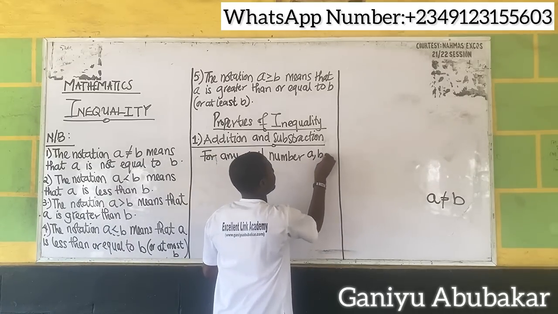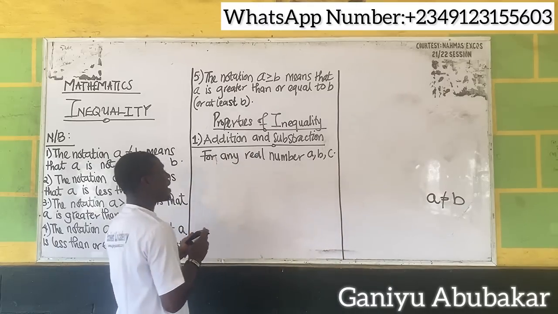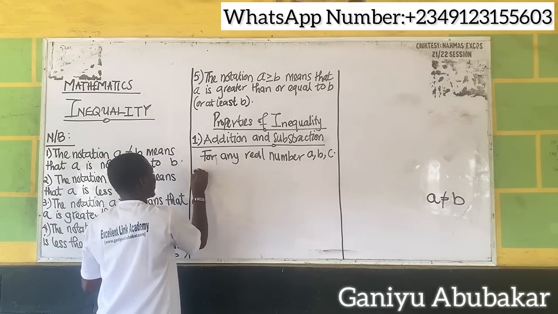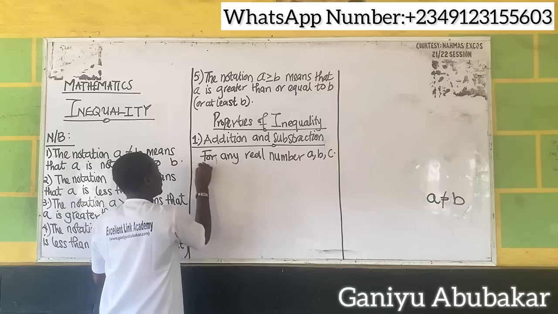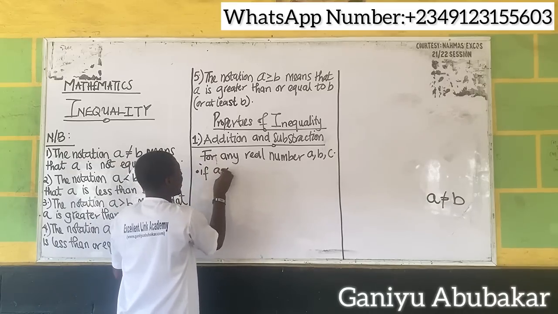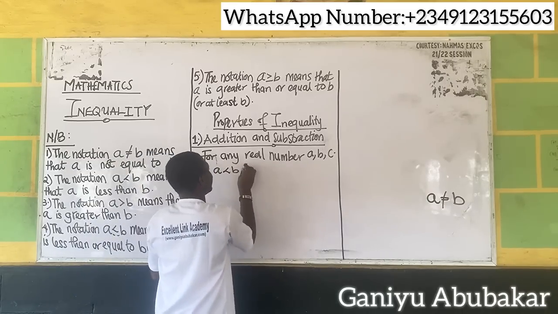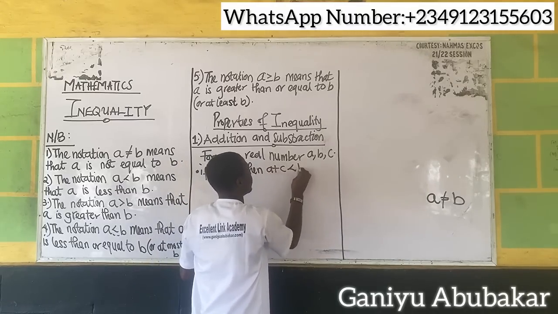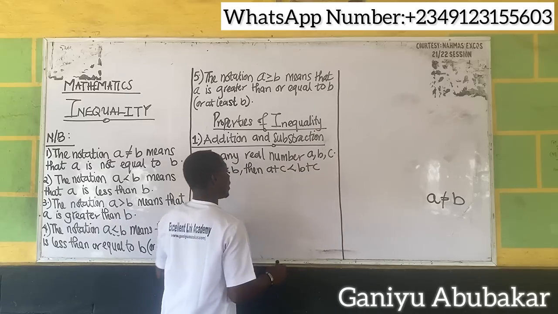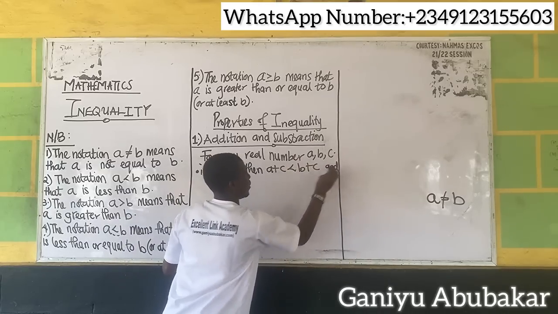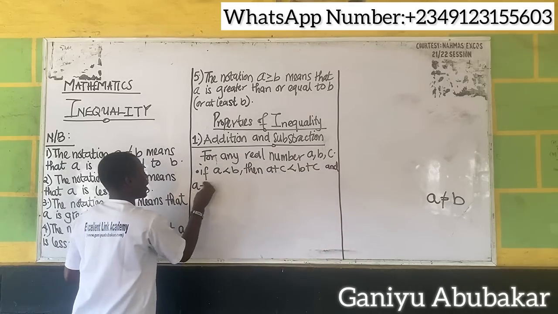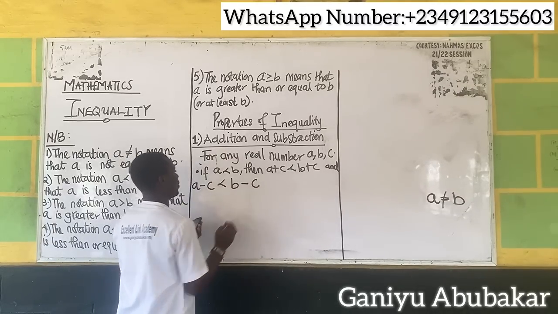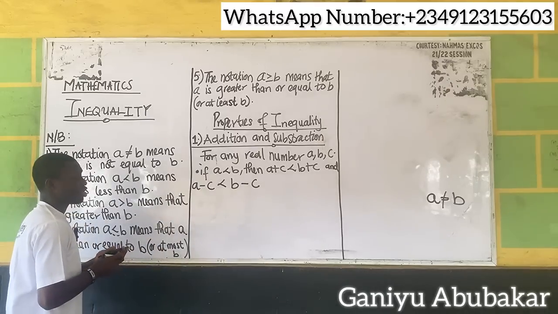For any real numbers a, b, c, the first property under addition is that if a is less than b, then a plus c is less than b plus c, and a minus c is less than b minus c. This is the first thing to note when it comes to addition and subtraction.